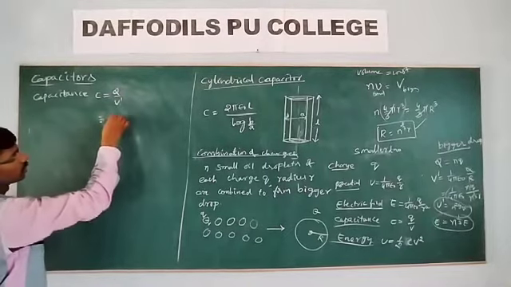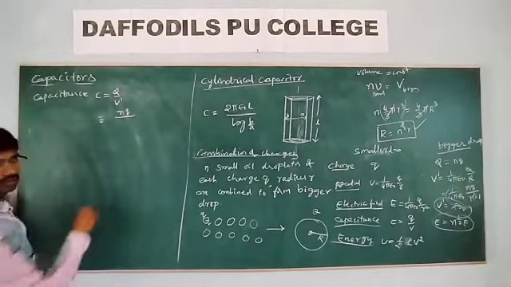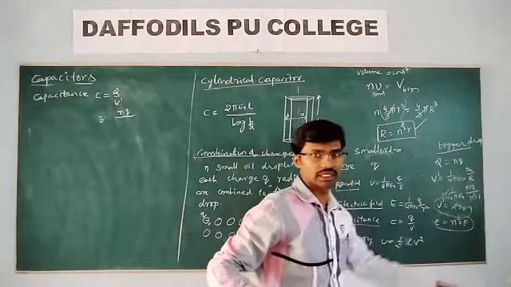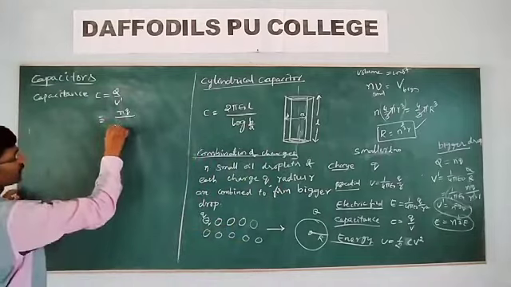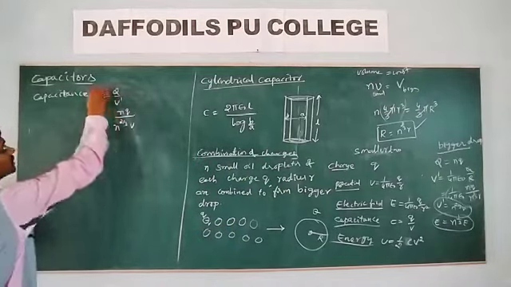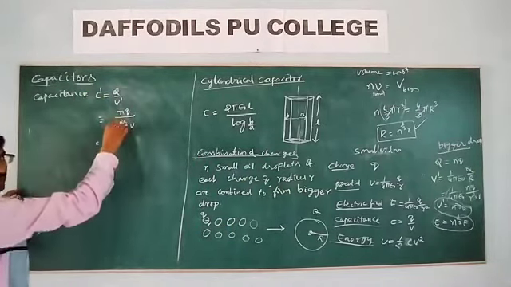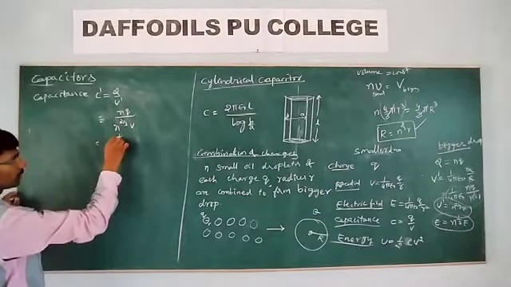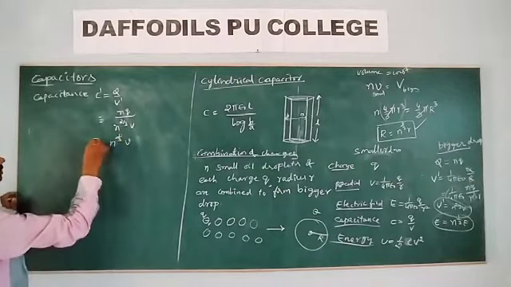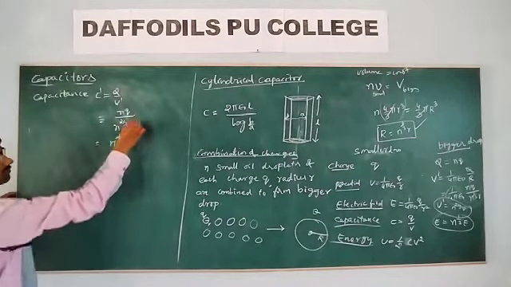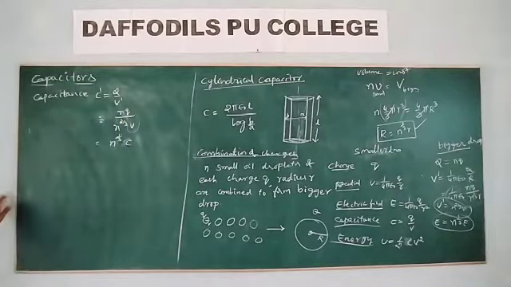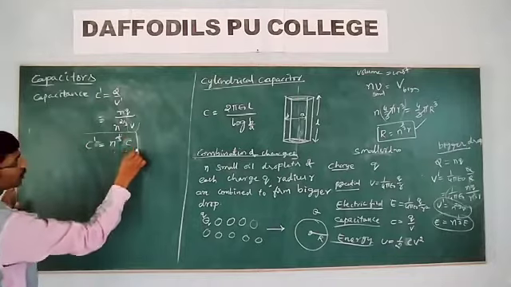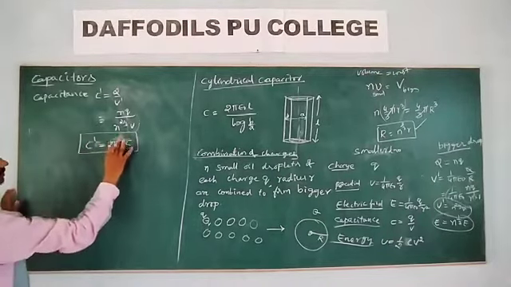Then Q dash is nothing but N Q, and V dash is nothing but N power 2 by 3 V. So C dash is equal to N by N power 2 by 3, that is N power 1 minus 2 by 3, which gives N power 1 by 3 into Q by V. Q by V is nothing but the capacitance of a smaller drop. Then C dash is equal to N power 1 by 3 into C.